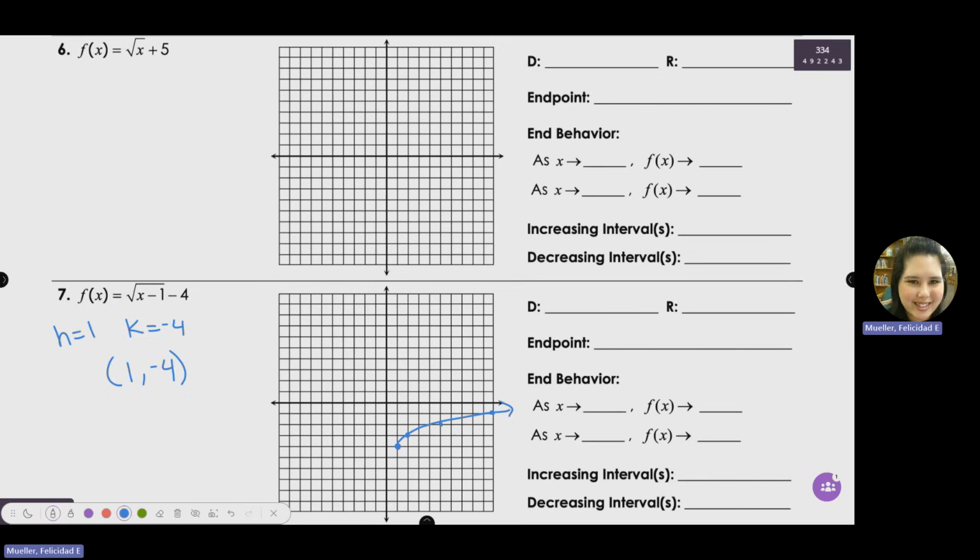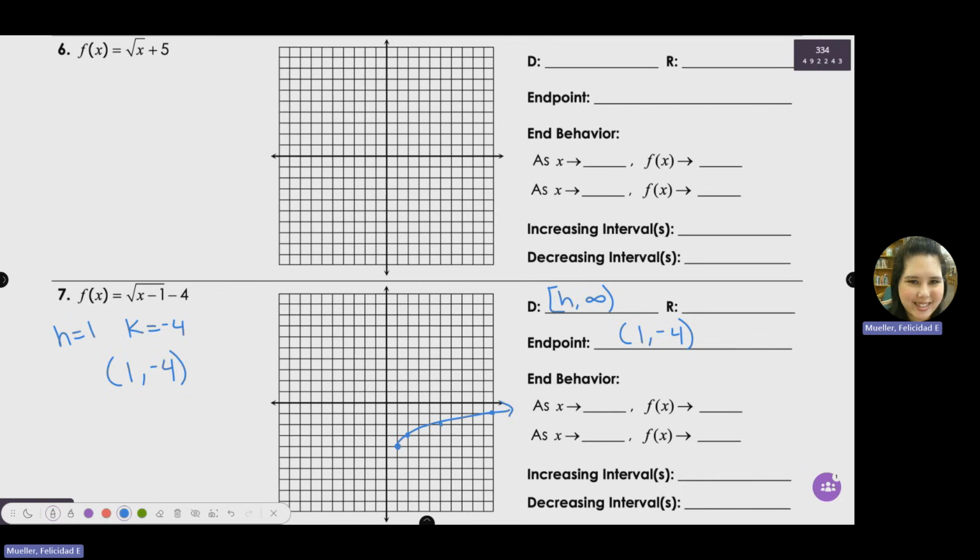But moving on, so we already have our endpoint based on h comma k, (1, -4). For our domain, you can think of your domain, it's going to involve h in some way. So 90% of the time, or 95% of the time, it's going to be bracket h comma infinity.